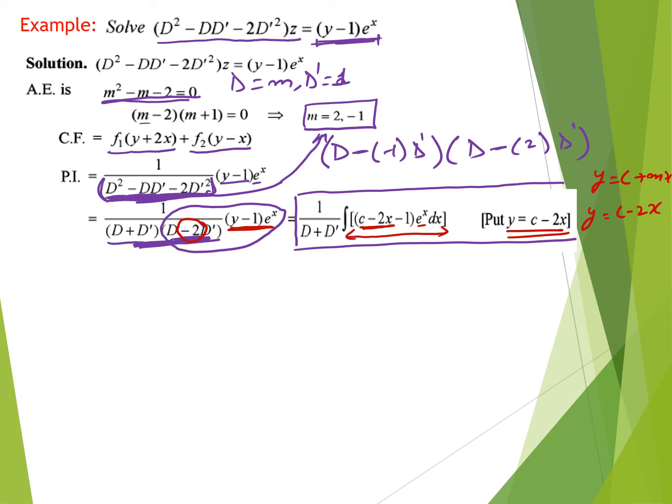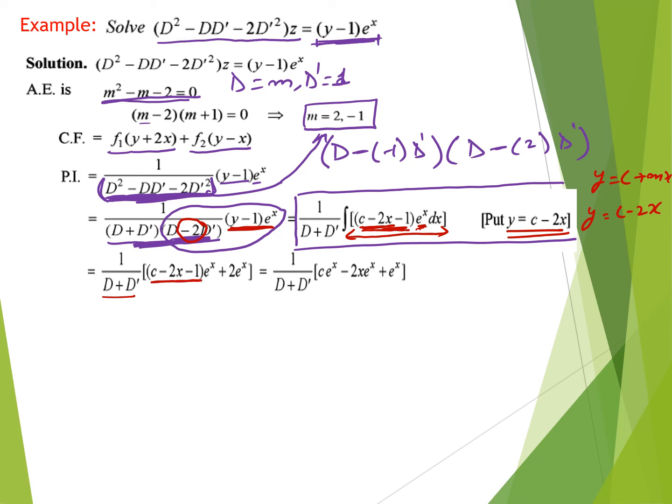So we use Euler's method or the by-parts method, because over here we have two terms. First is this, second is this. The first term is the same, that is c minus 2x minus 1.